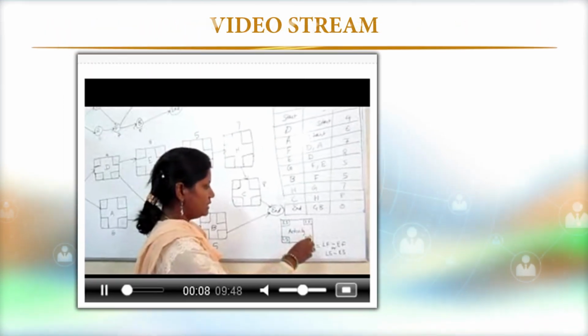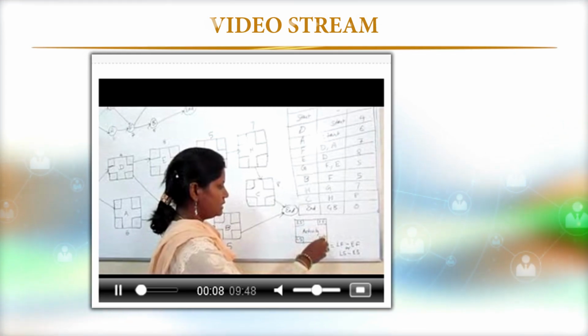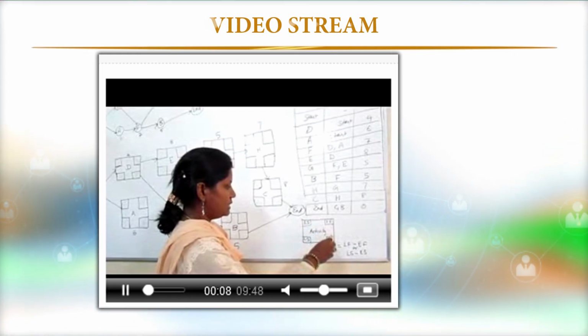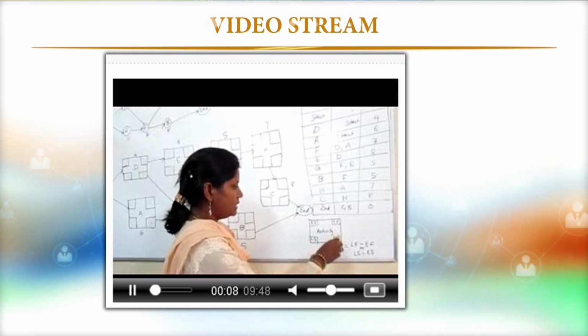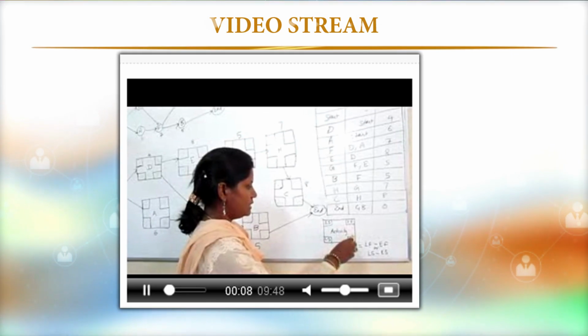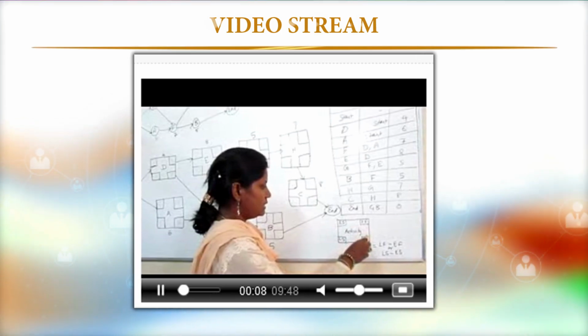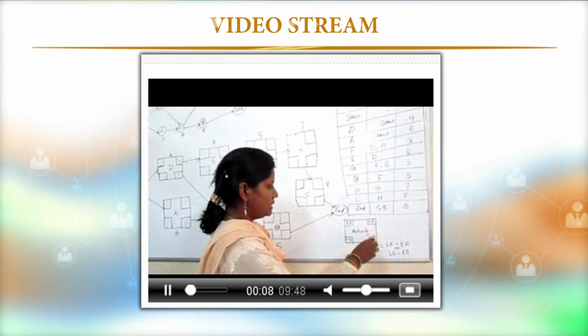So these are the video streaming options. The facilitator can record the video and give it to the learners. If it is a complex topic, the student can go through the video and then reflect on the discussion forum, or they can learn from the video.